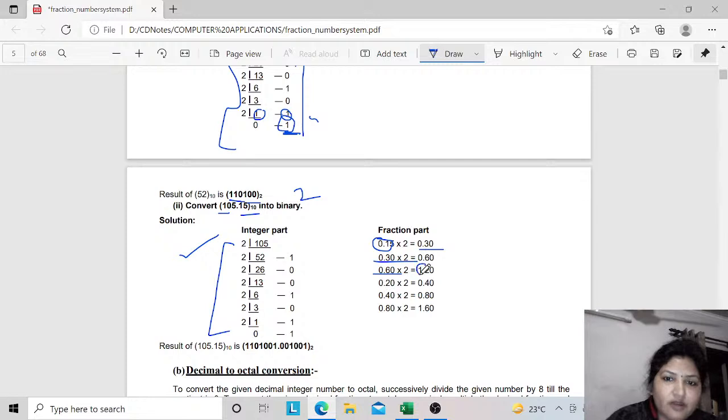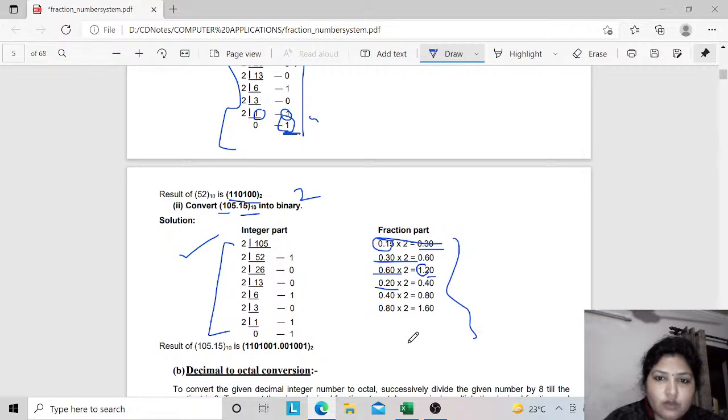Don't multiply the whole number; you have to multiply only the fraction part with the radix 2. So 0.20 into 2, 0.40 into 2, 0.80 into 2, and you will get this number.